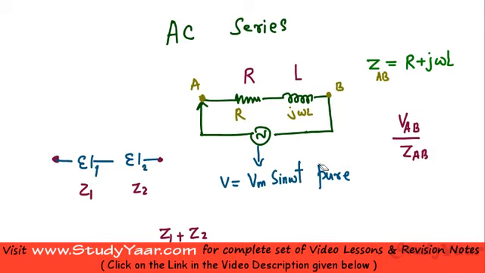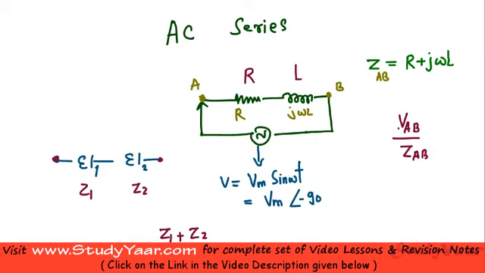So this voltage can be expressed as Vm angle minus 90, since sine omega t can be written as cos of omega t minus 90. Therefore in phasor form this is Vm angle minus 90.